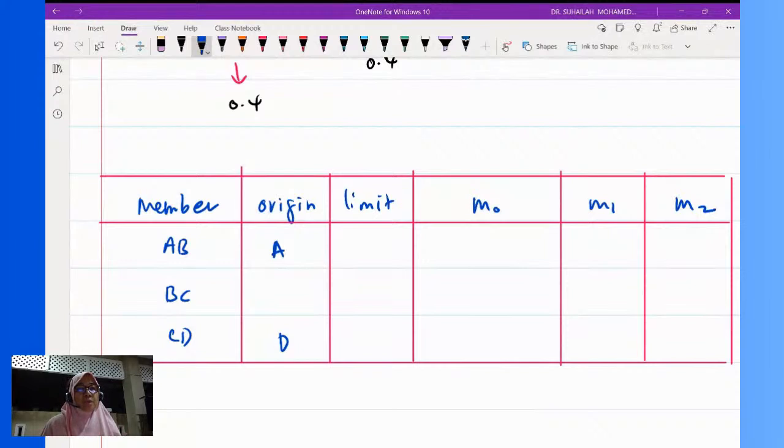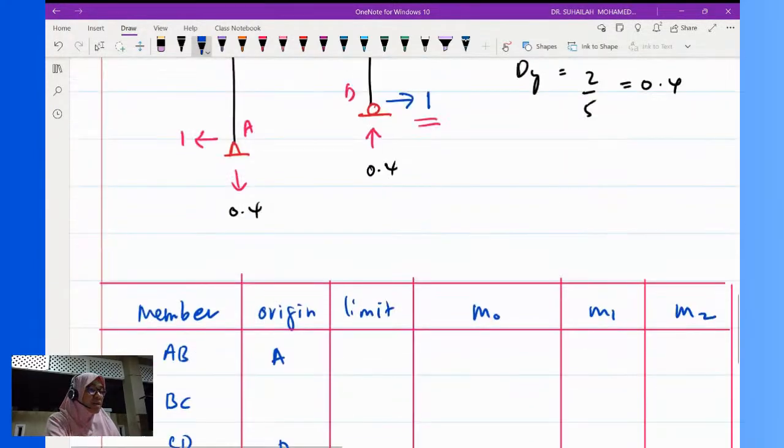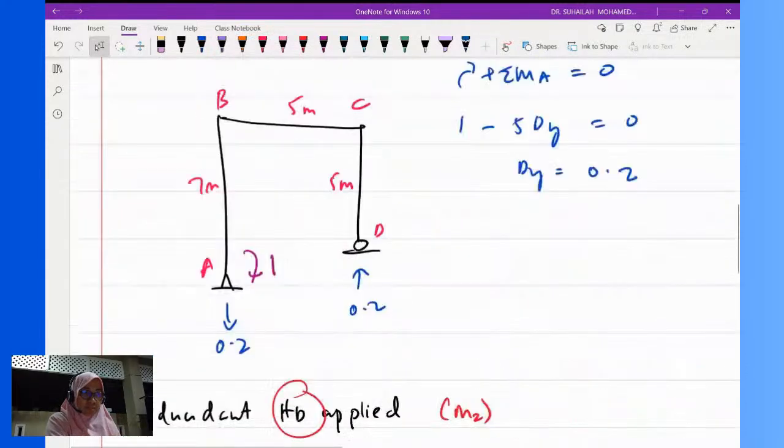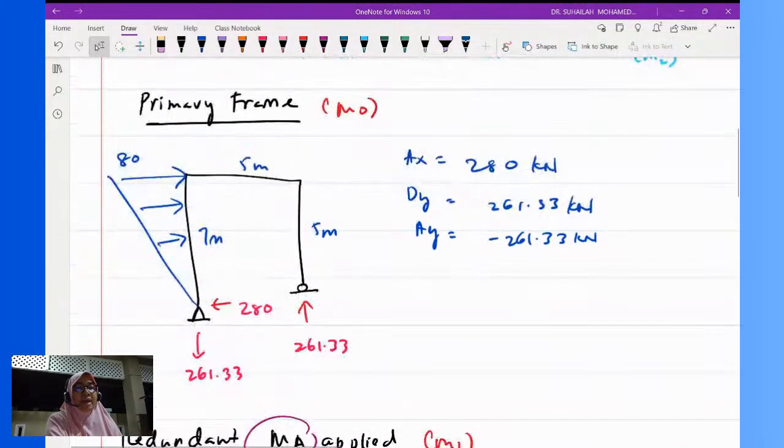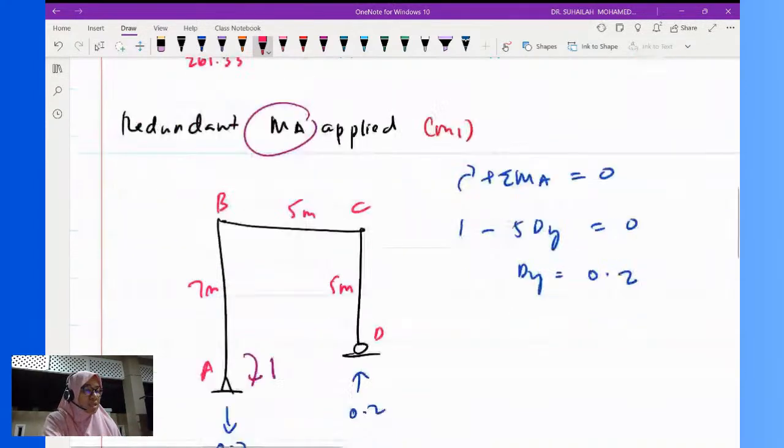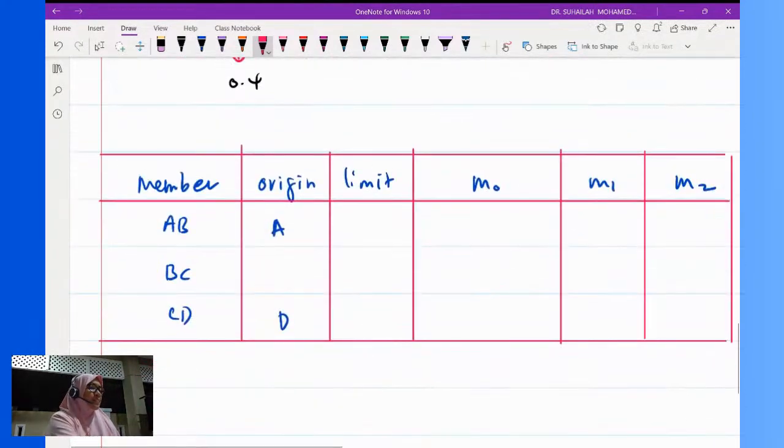However, look at the easiest side. For BC, the easiest side will be located at C, so we choose C as origin.